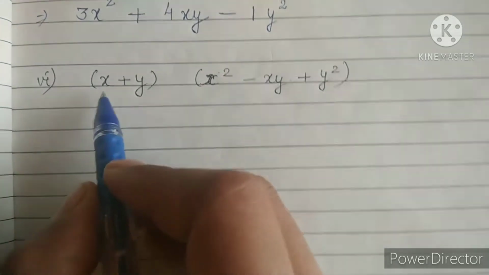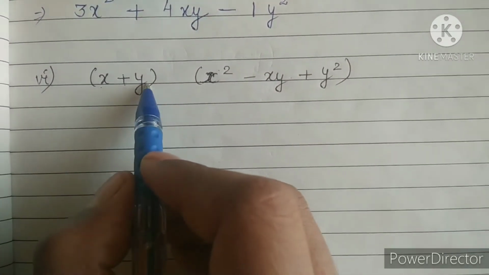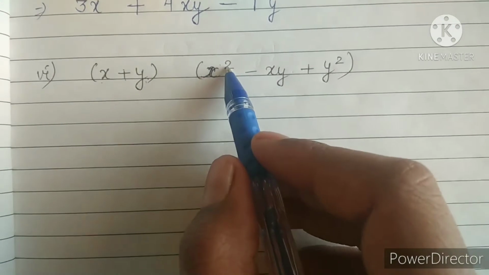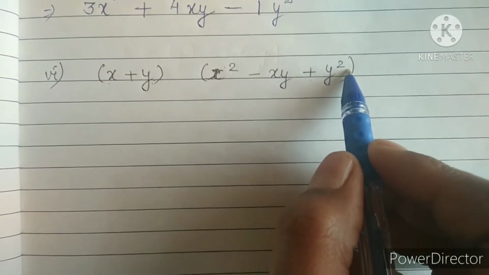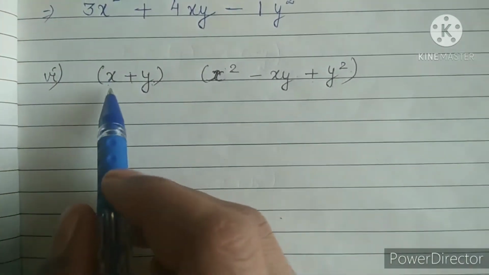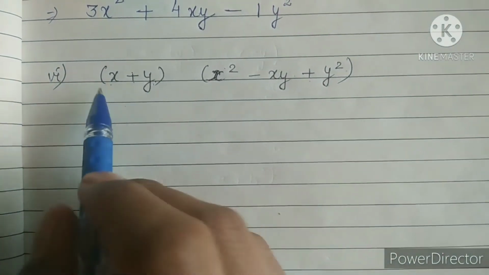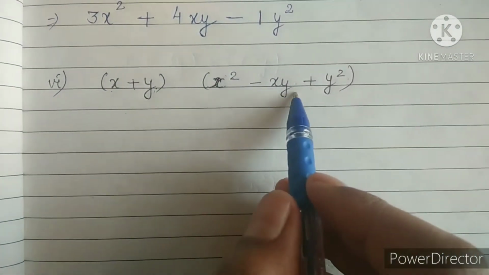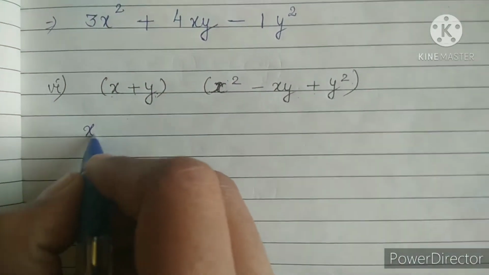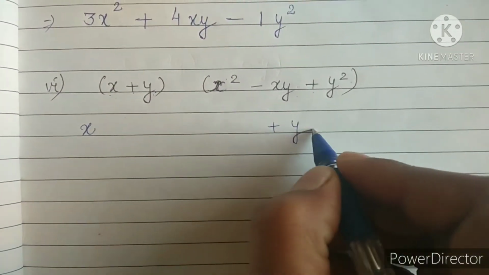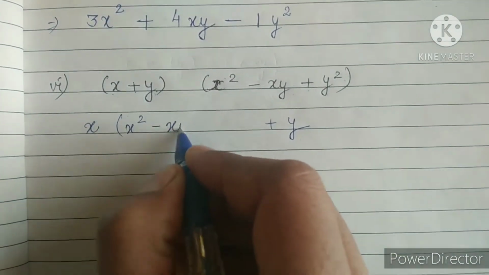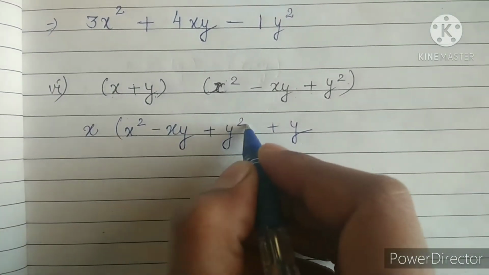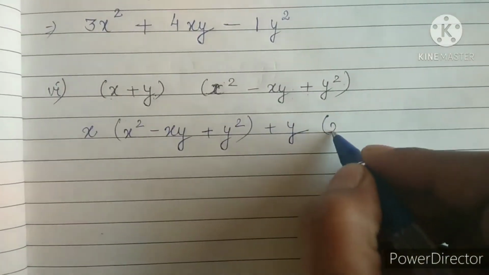Sixth is x plus y multiplied by x square minus xy plus y square. It means the elements of the first expression will multiply in the second expression. So in x plus y, x will multiply by x square minus xy plus y square, same as it is here.